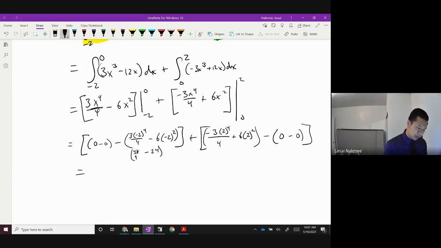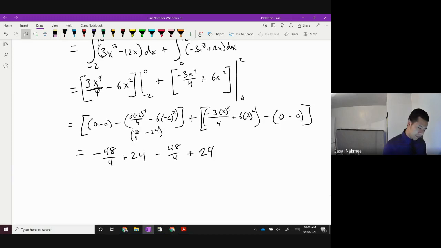So when I distribute this negative sign, this is going to come out as -48 over 4 plus 24. Over here, this is going to be plus a negative, I think that's going to be 48 as well, over 4. Yeah, 48 over 4, and this one right here is going to be a plus 24. Did I do that right? I think that's right.